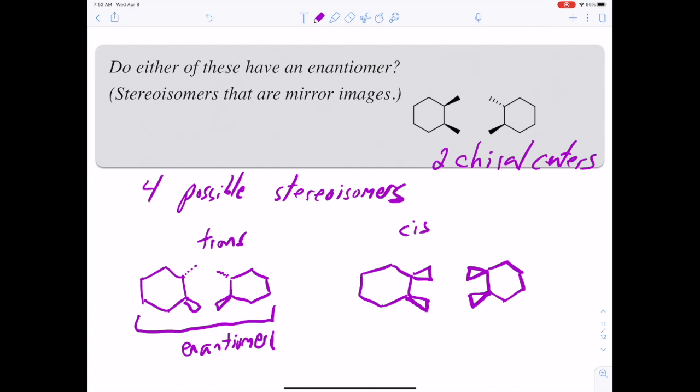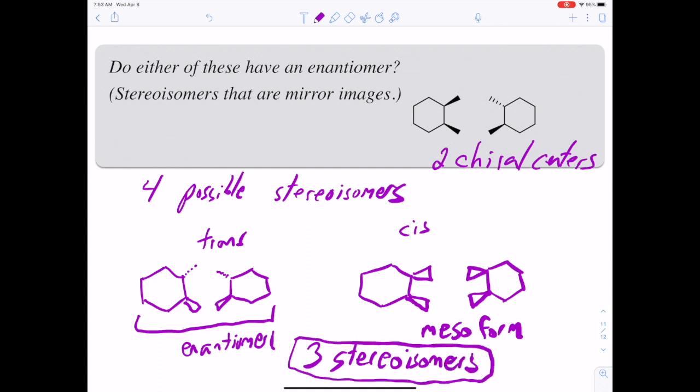So the mirror image is not different. So this is the meso form. So there are actually 3 stereoisomers because the meso form reduces the number of stereoisomers.